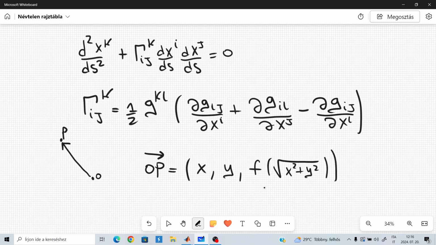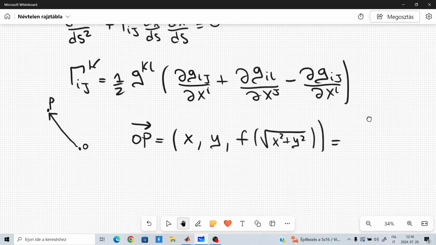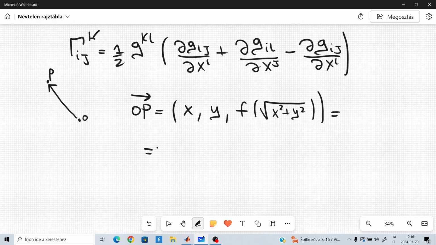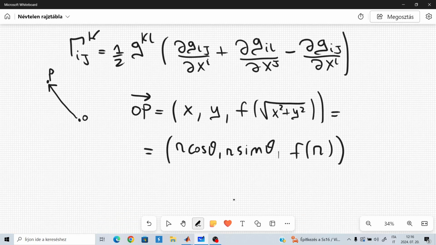So this is how you can describe a surface of rotation where the z coordinate can be written in this fashion. And if we go to polar coordinates, this can also be written as r cosine theta, r sine theta, f of r, like this. So our vector x^i consists of the 2 parameters r and theta.